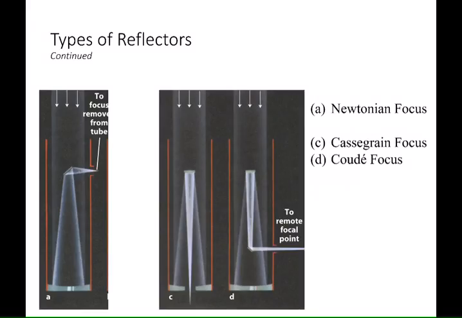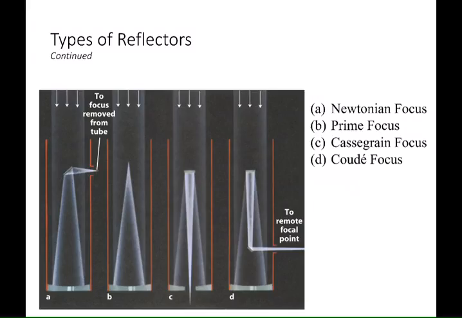Then these other two are less common, kind of catch-all. The Coude focus. This last one, where would you have to go to get the image for that last one? You'd have to be floating in the optical tube. So actually, there are fancy telescopes where if you just put a detector there, that might be all you need.